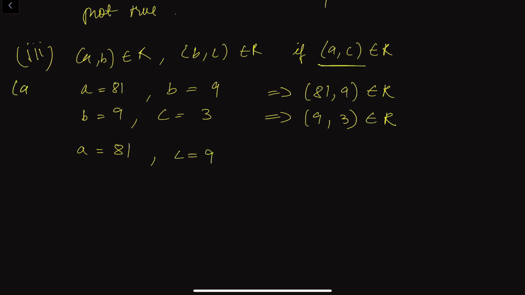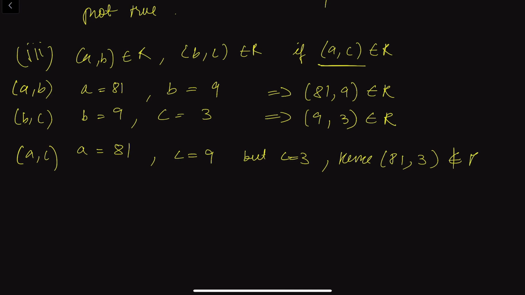So this is for (a, b), for (b, c), and this is for (a, c). c is equal to 9, but c is equal to 3. Hence (81, 3) does not belong to R, because (81, 9) will always belong to R. So this is also not true.